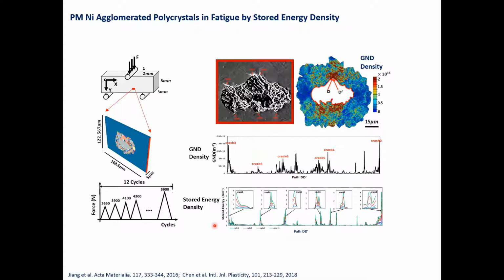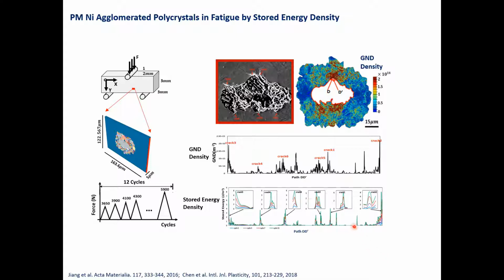If, on the other hand, we look at stored energy density, and again along that path, we see the highest values of stored energy in all cases corresponds to exactly where we see these cracks nucleate. So there's really very good overlap between high stored energy and where we see cracks nucleate, and in addition, those locations where cracks do nucleate definitely have the highest stored energies of any locations around the agglomerate.